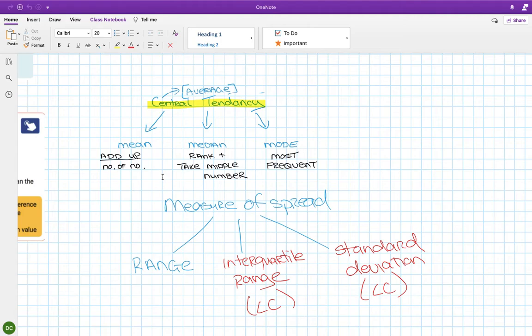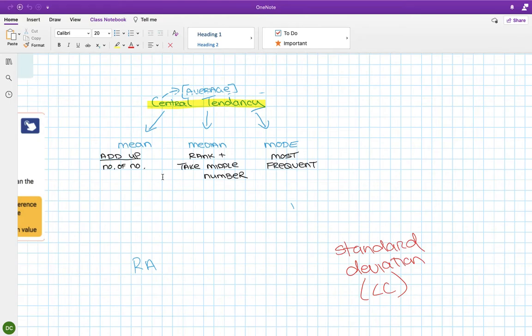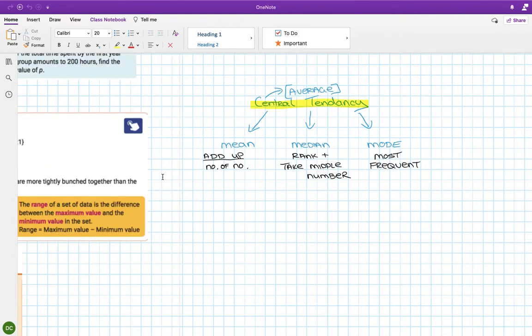And then what we're doing today is measures of spread. Another word for this is variability. I'll try and explain it in a minute.